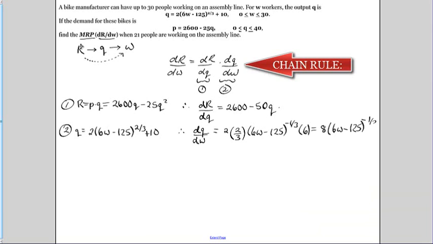So this is the simplified form. Now I can multiply these together to get dR/dW.